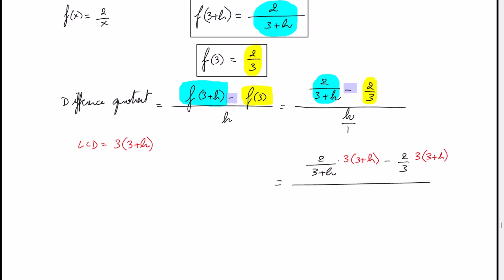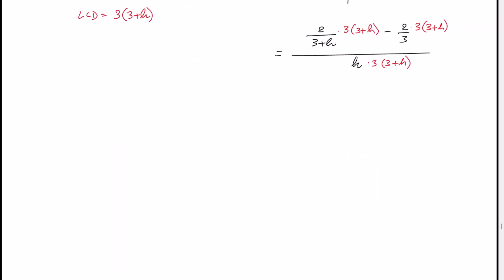And finally, the h that's already in the denominator is also going to get 3 and 3 plus h. As long as I multiply every fraction by the LCD, this is consistent and valid, and we can simplify the expression by doing all this work. This is supposed to be a quick, fast way of getting the solution and simplifying the complex fraction.